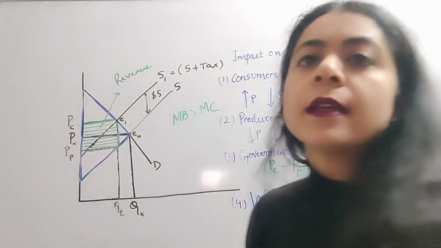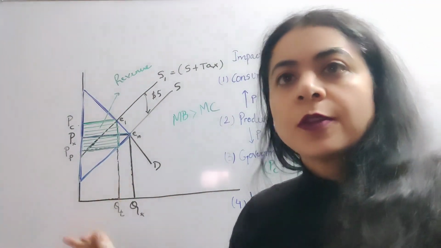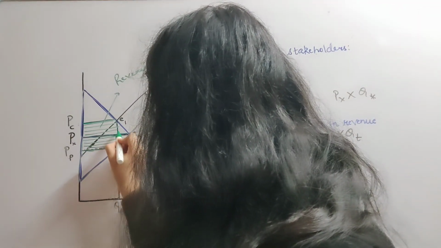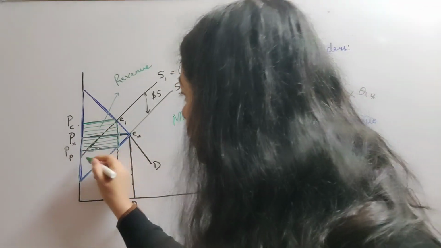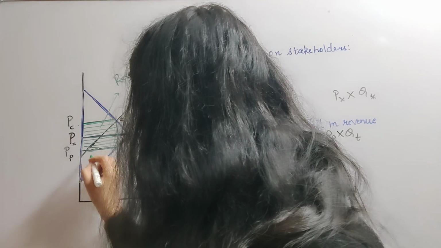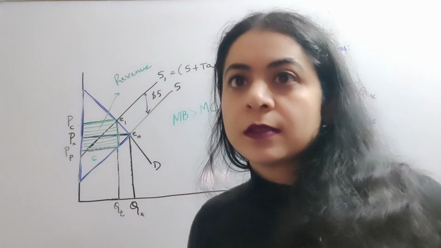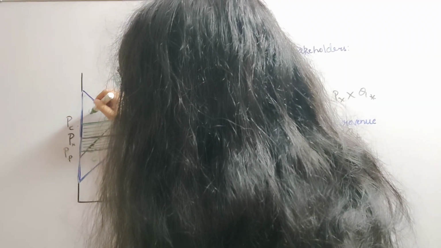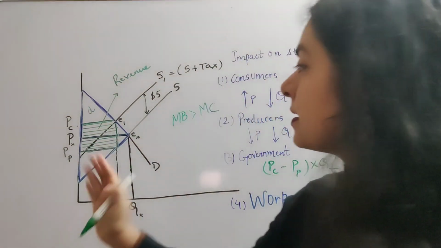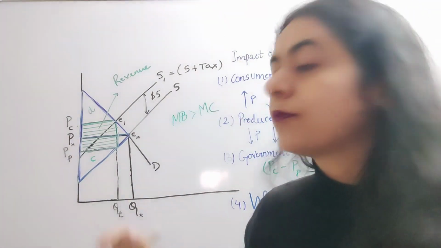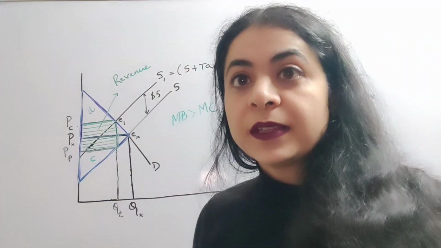That means there is under allocation of resources towards production of this good, and overall there is a loss in producer surplus as a result of the tax. So now only this much portion is left in the form of producer surplus. The consumer is left only with this portion, since they are getting fewer units of output and they have to pay a higher price.